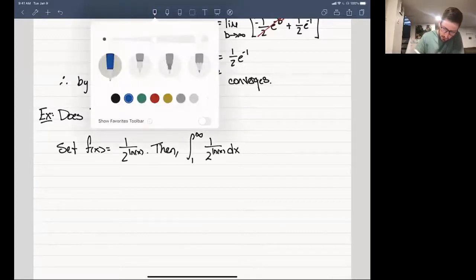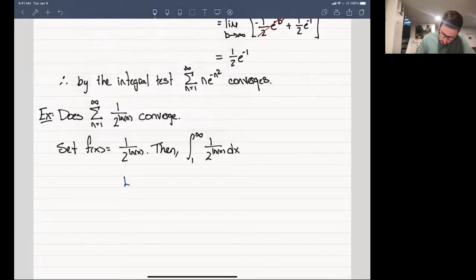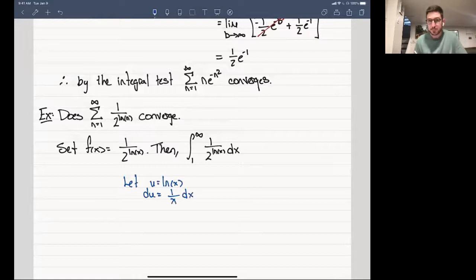This one might take you a little bit longer to come up with, but we're going to let u equal ln of x. And so this is going to give me du is equal to 1/x dx. Also, I can rearrange. This tells me that x is equal to e to the u, using the fact that u is equal to the logarithm of x.